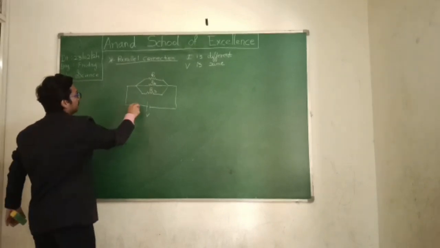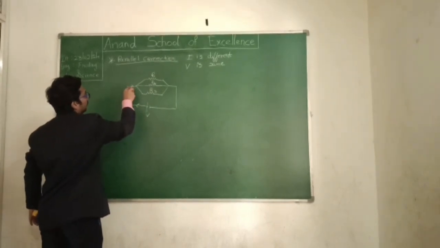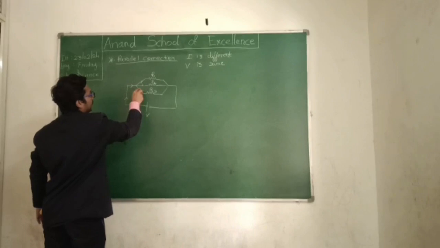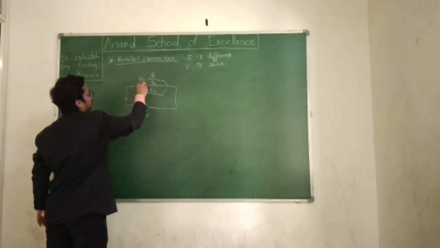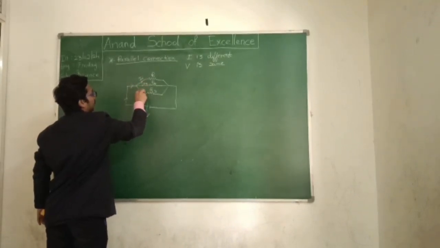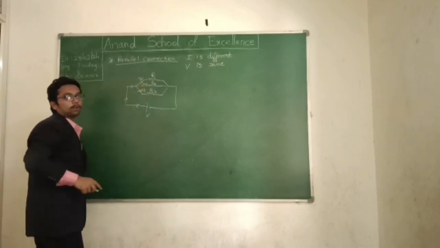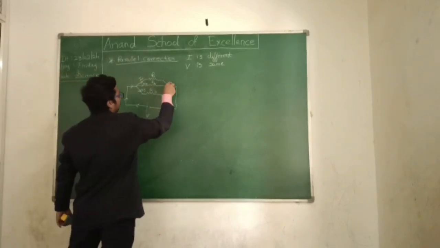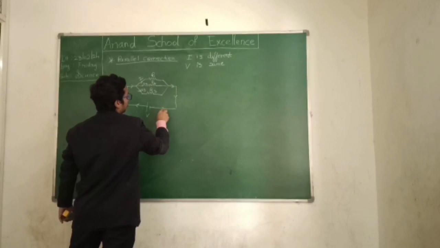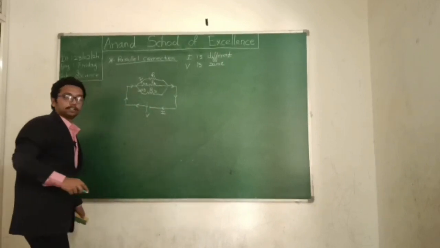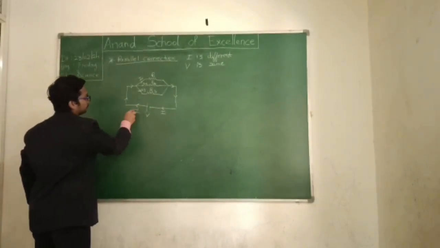But here the direction of the current is different, that is unidirectional. I1, I2, I3. Current is distributed all across the circuit, and at the end we get the same amount of current in the circuit, that is I.